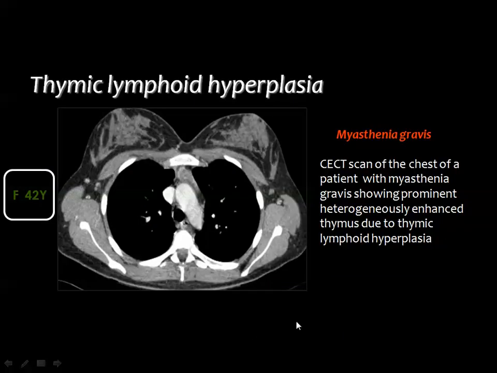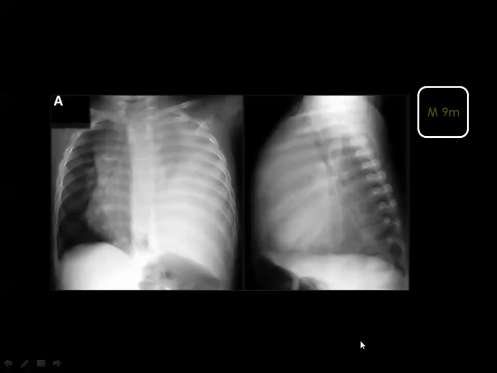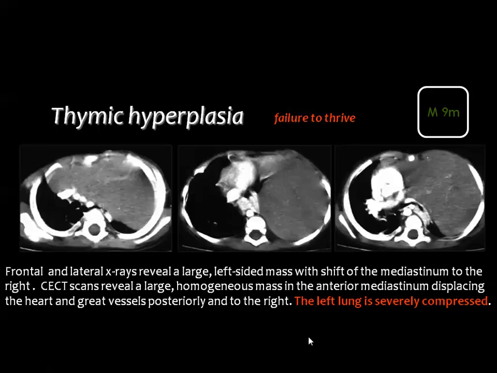And this is thymic lymphoid hyperplasia in a patient with myasthenia gravis. You see the prominence of the thymus, which should not be seen at this age, but you can see thymic tissue in its exact anatomical location. In this chest X-ray, there is a big mass occupying the left hemithorax, displacing the heart to the opposite side.